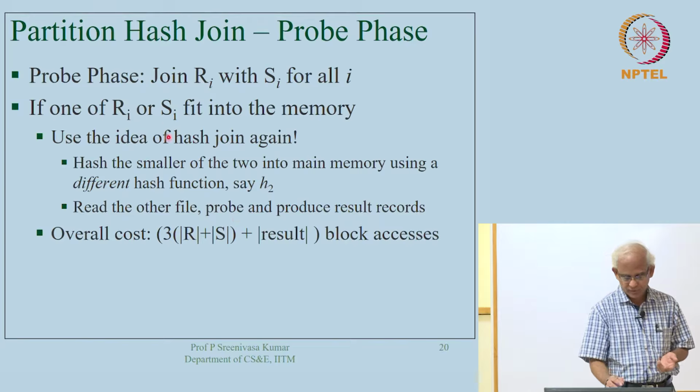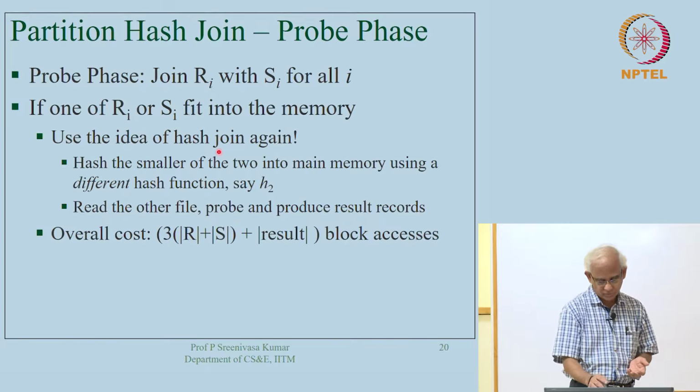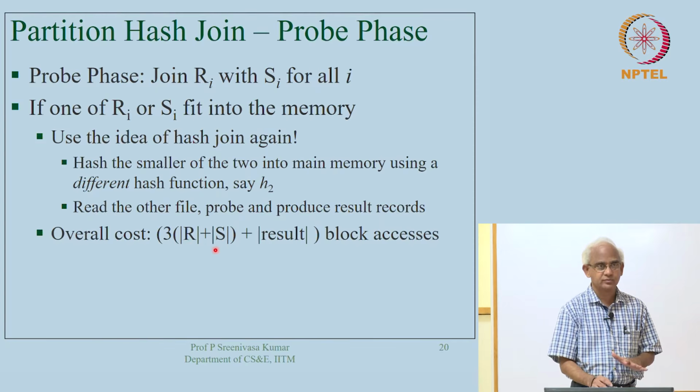And then for the hash join, again you have to read S and apply a different hash function, and then read all of R to start probing. So 3 times, but it is linear.